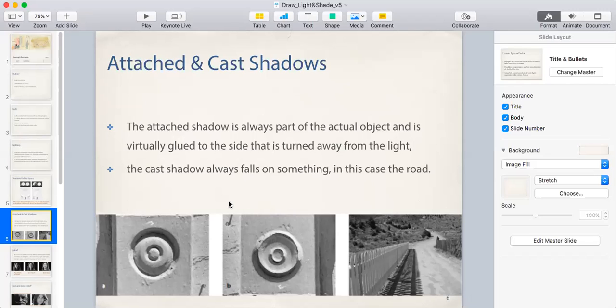Let's take a look at the first two pictures of the attached shadow here. Can you tell the direction of the light source? Are the two pictures different? Let's take some time to think about it.